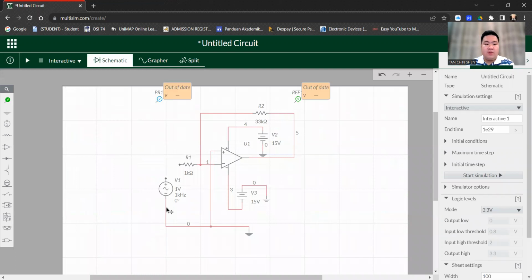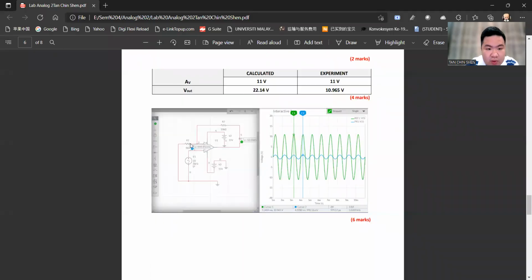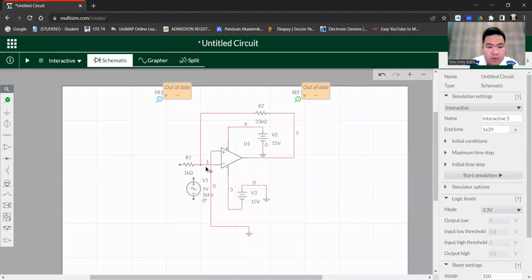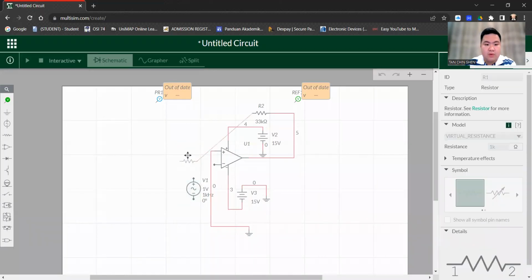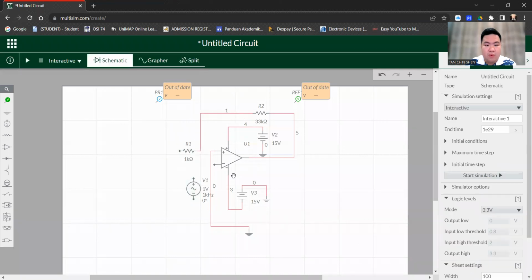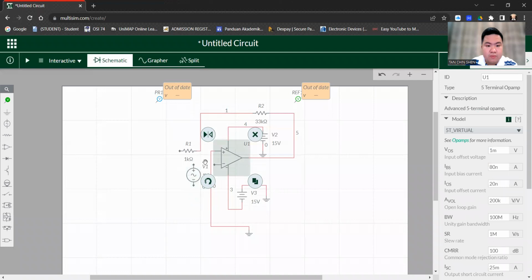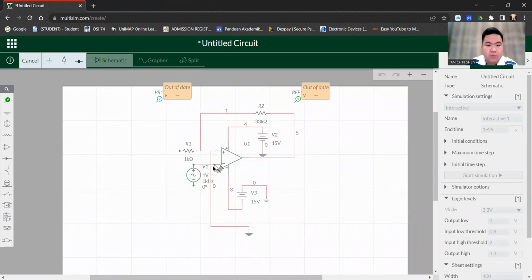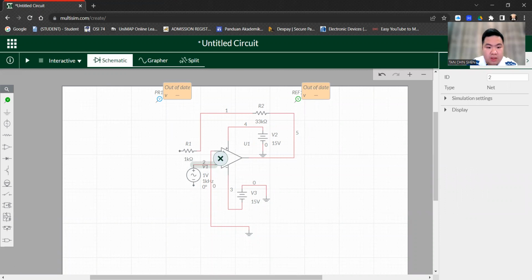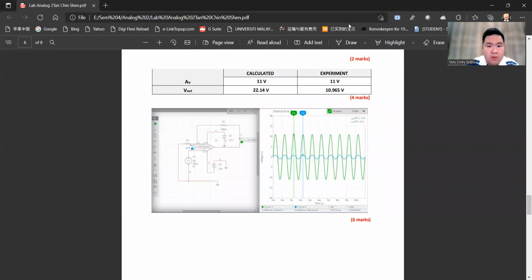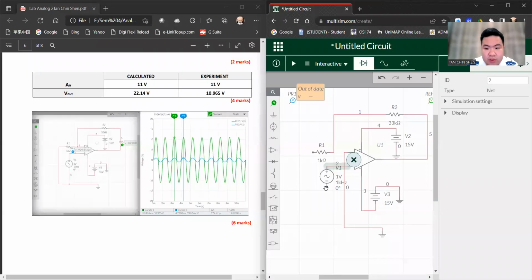From here, let's say this one, I need the negative of the input signal, then connect to the ground.